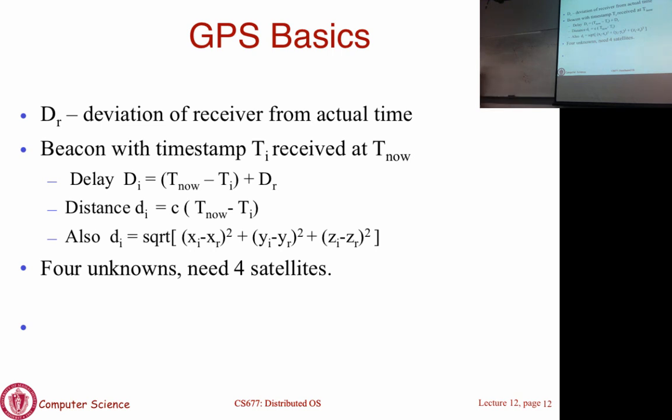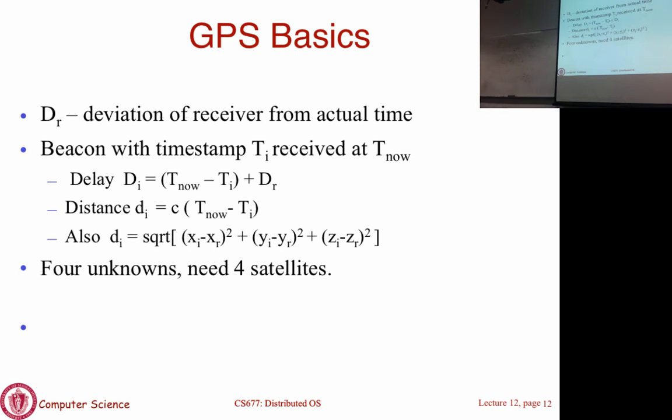Another way to compute d is the Euclidean distance between these two points. As somebody just said, the square root of (x minus x1) squared plus (y minus y1) squared plus (z minus z1) squared.